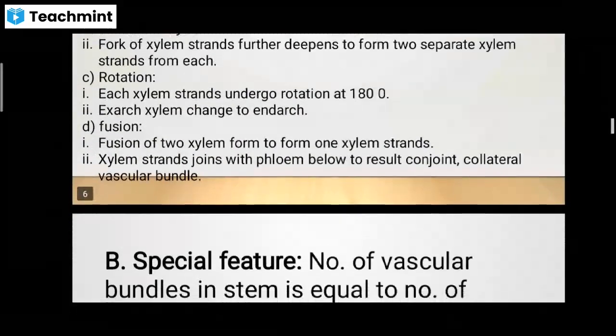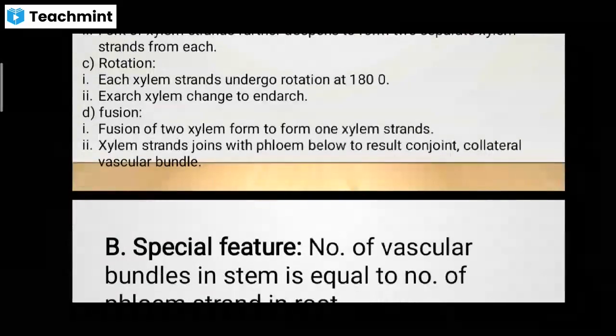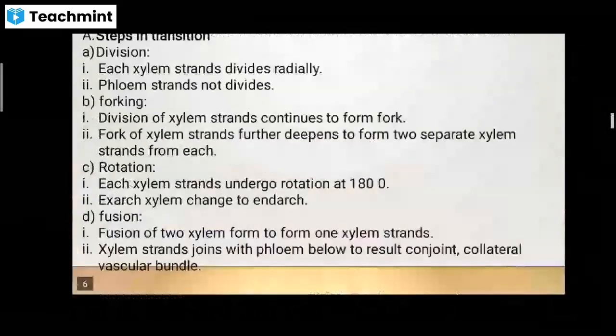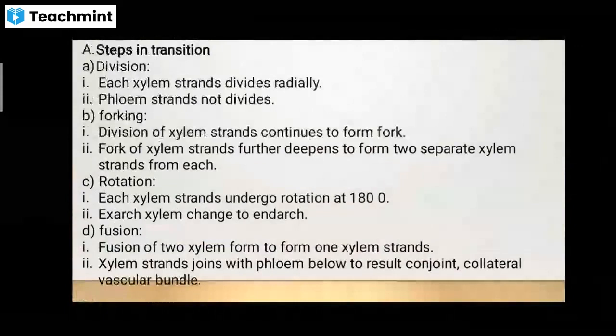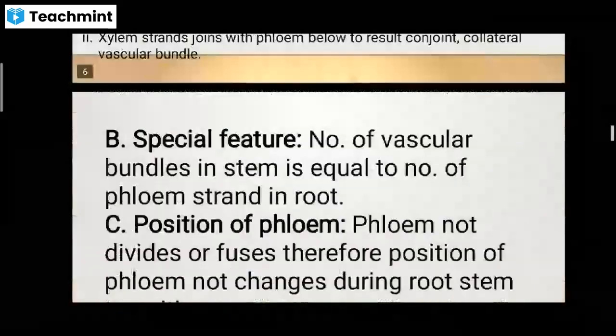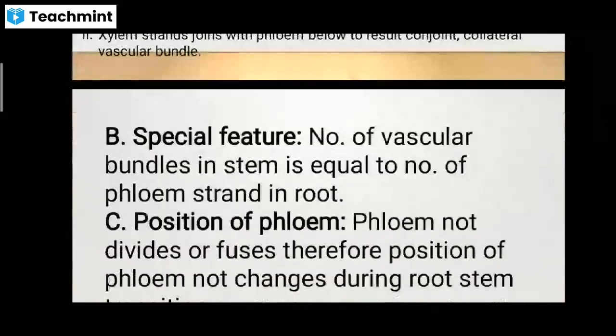In this way, these different steps are carried out in type A. One special feature of this type is that the number of vascular bundles in the stem is equal to the number of phloem strands in the root.